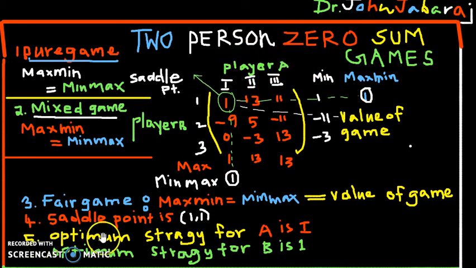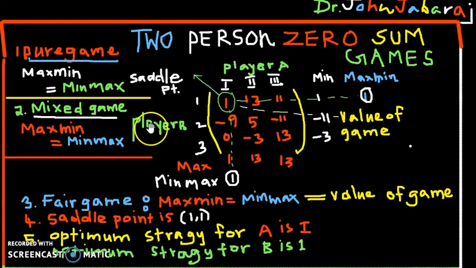Therefore the optimum strategy for A is the first strategy, and the optimum strategy for B is the first strategy.